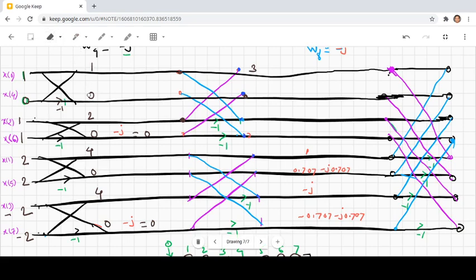Here it should have been 1 minus 0, so it should have been plus 1. So I should say here it is plus 1, and here I should get 1 plus 0, that is 1.